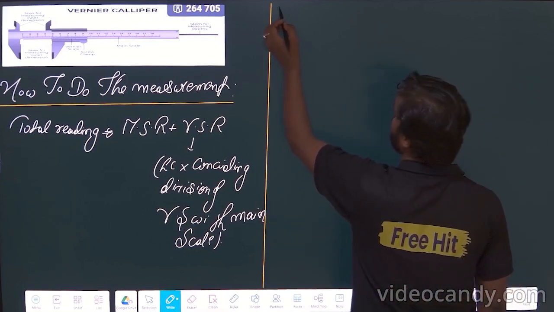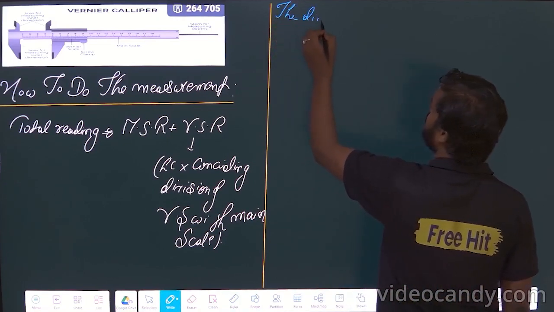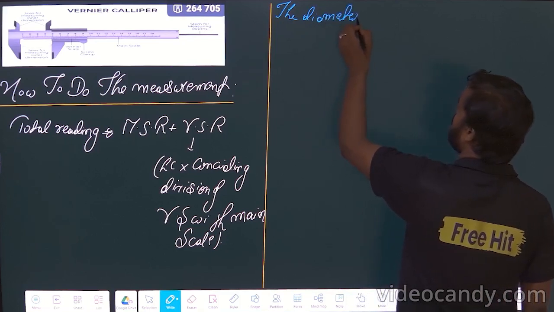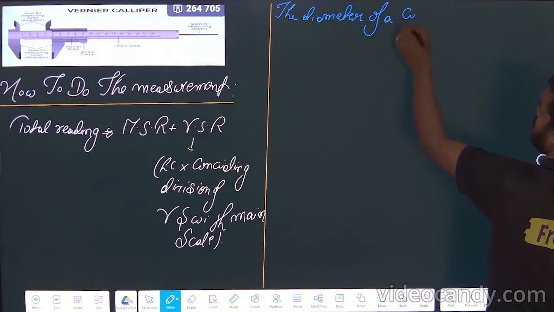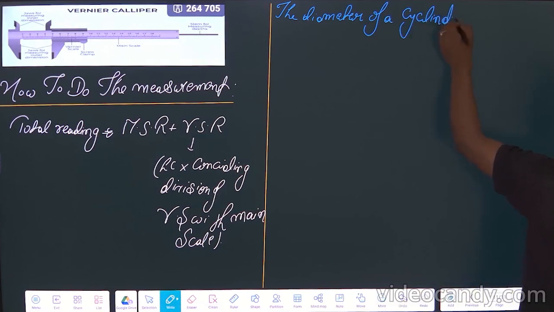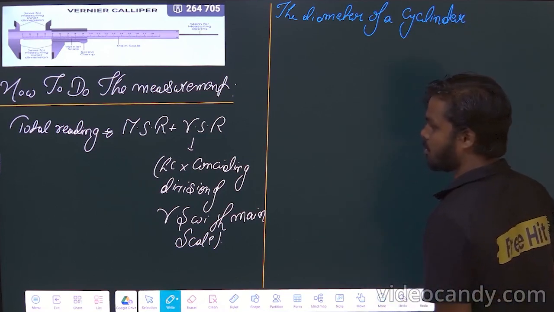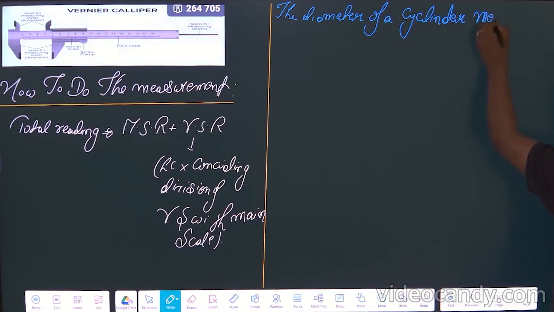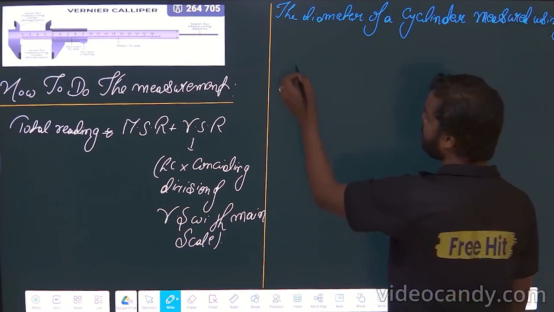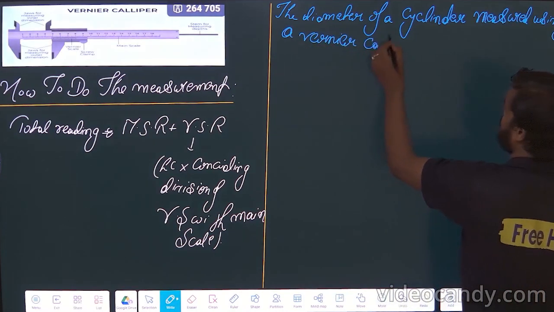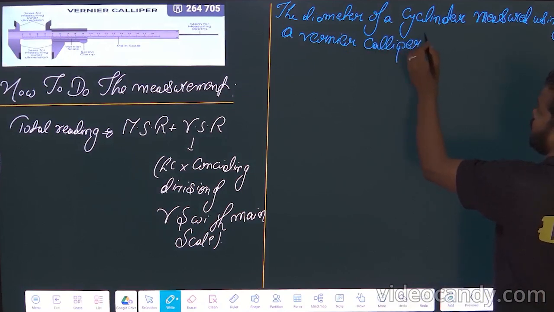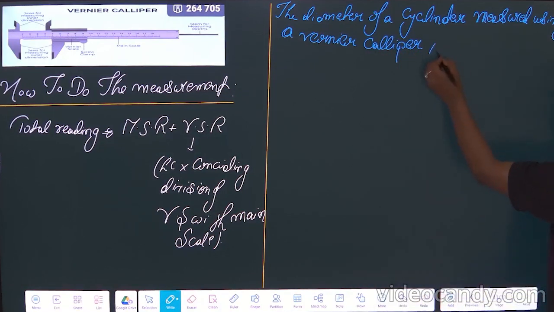Suppose the diameter of a cylinder is measured using a vernier caliper with no zero error.